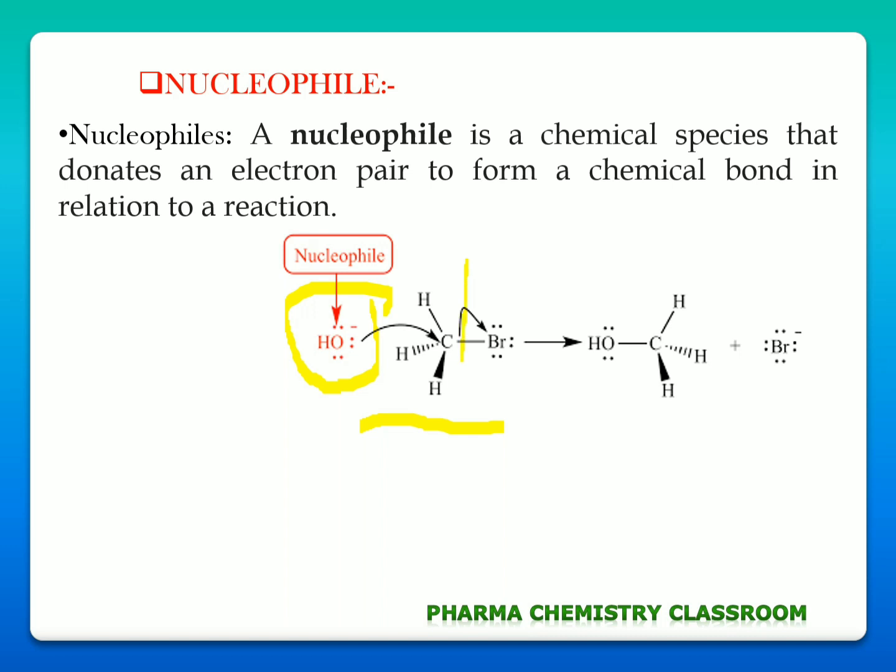When heterolytic fission takes place, this leaving group, as we have seen in the last slide, leaves the substrate, making this an electron acceptor, a positively or partially positively charged species on which this nucleophile can come and attack.